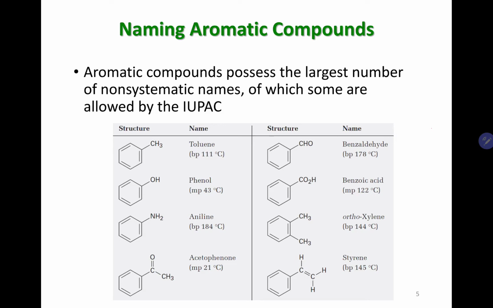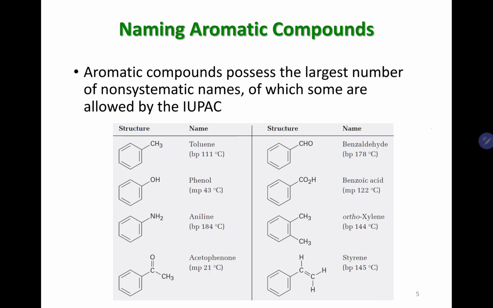So in this slide, I have a few non-systematic names that are used when naming aromatic compounds. If you have a methyl group directly attached to a benzene, that compound is known as toluene. You should remember these names, because when you are naming these compounds, you have to remember the term toluene.